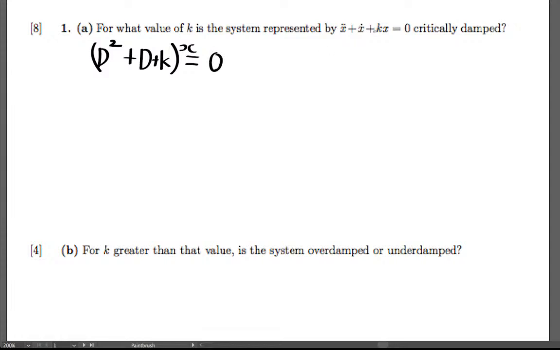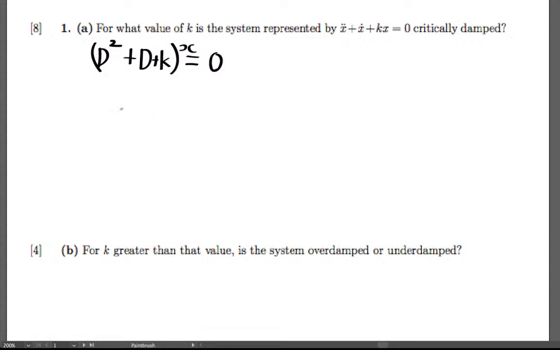Luckily in here we got this equal to 0, which basically makes this system easier to compute. So let's figure out if it is critically damped just by finding the discriminant. The discriminant is b squared minus 4ac.